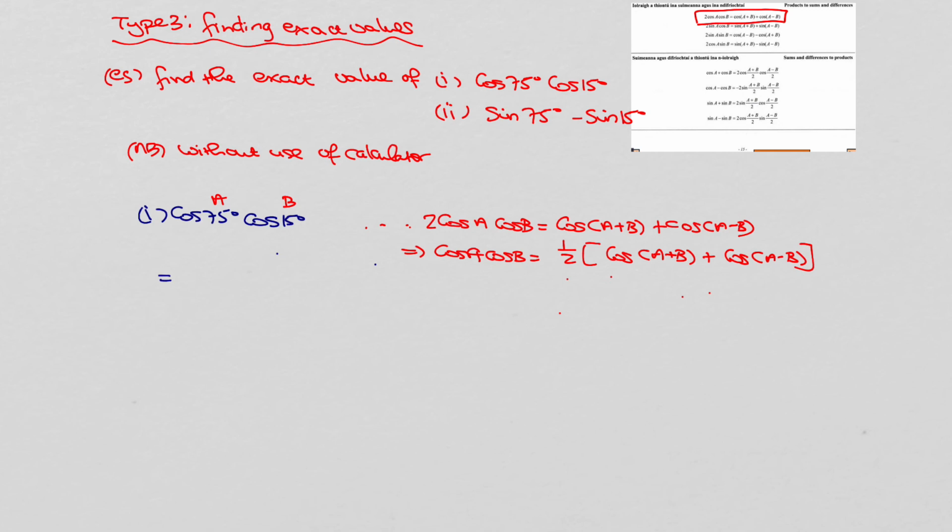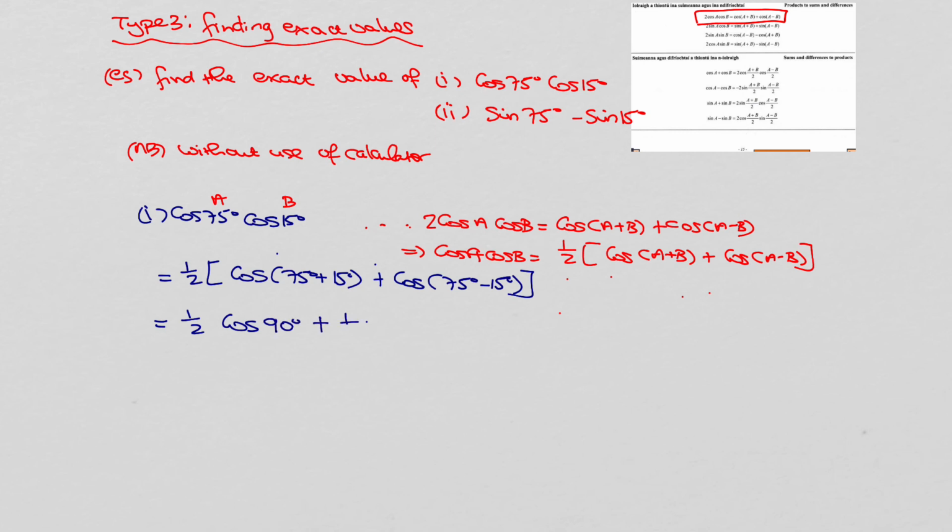So cos 75, cos 15 is going to be written as a half times cos of A plus B, so 75 plus 15, plus cos A minus B, so 75 minus 15. So that's a half times cos, well, we have 75 plus 15 gives us 90, plus a half cos 75 minus 15 gives us 60.